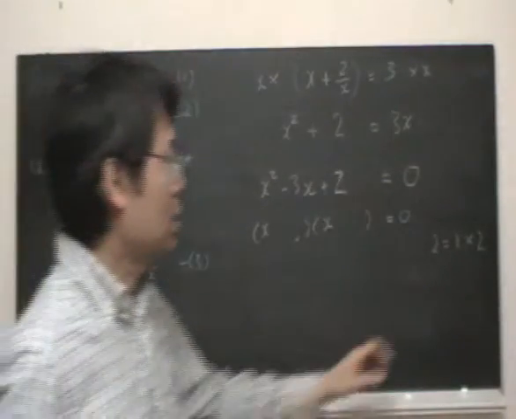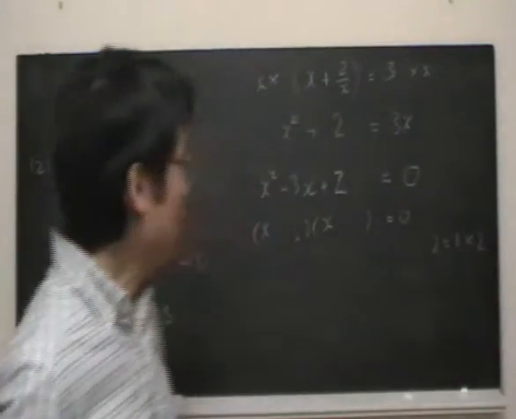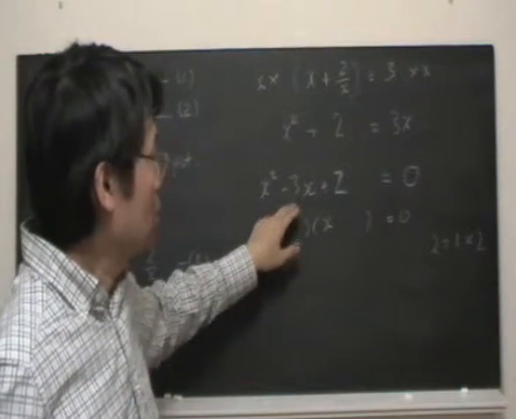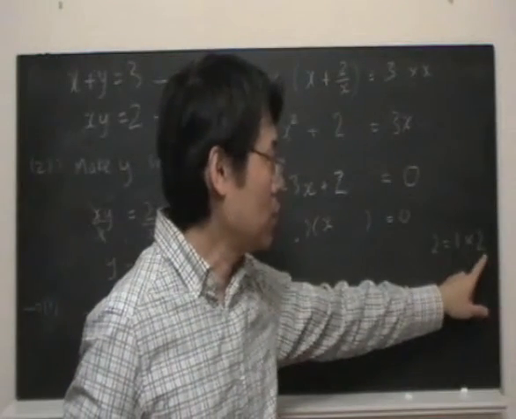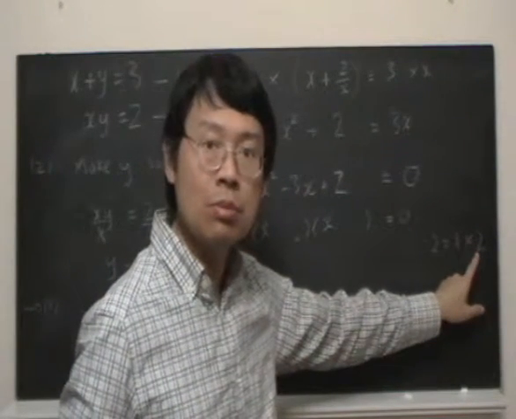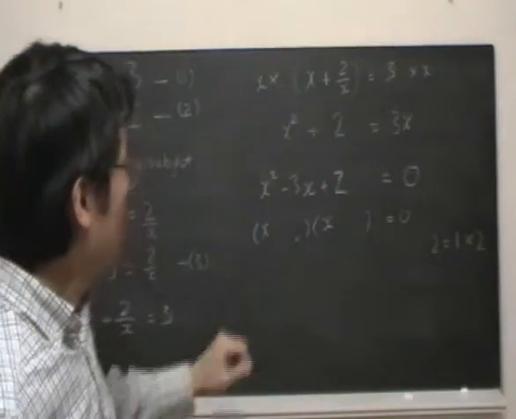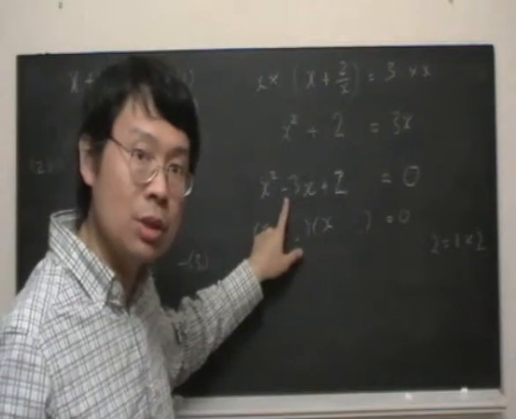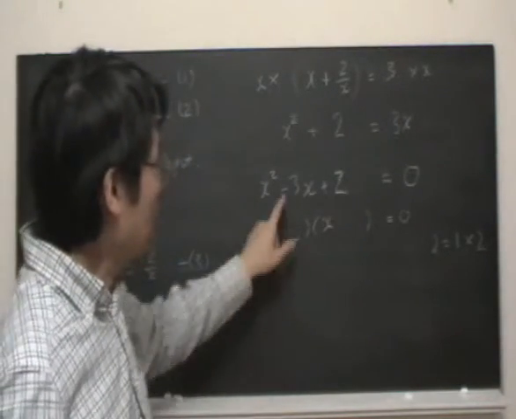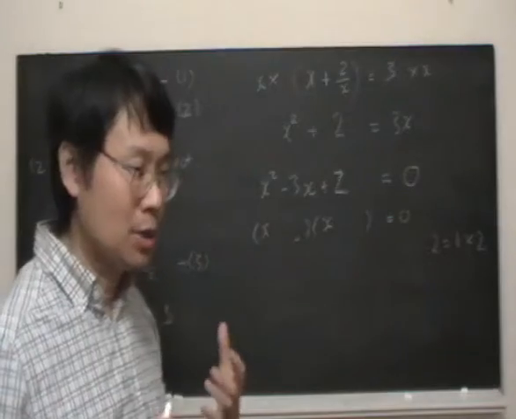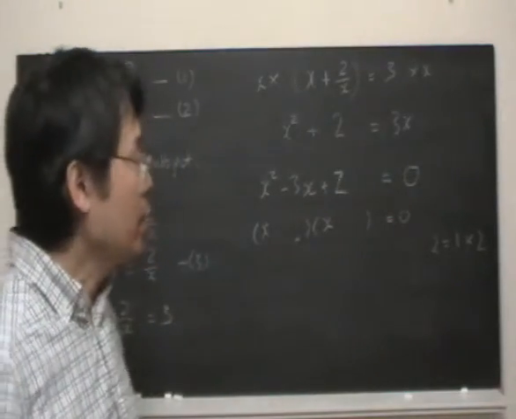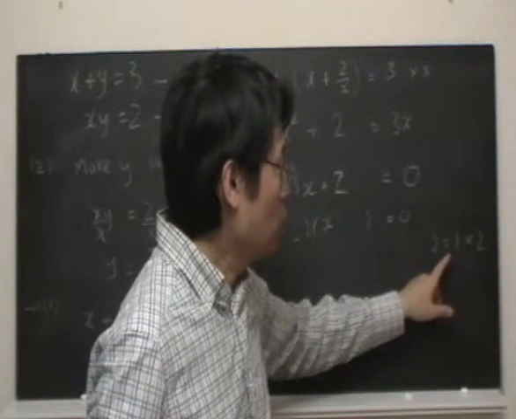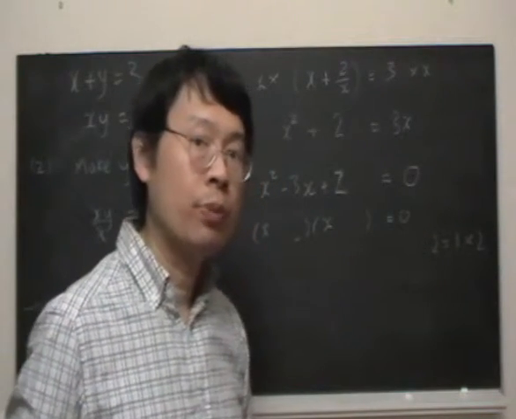But remember that the sum of those two factors must give the number in front of x. Now in this case, the sum of the two factors, 1 plus 2, is equal to 3. But the number in front of x is minus 3 and not 3. So there is a minus sign there. So that makes things a little bit more tricky. The way to do it is to say that 1 times 2 can be equal to 2.